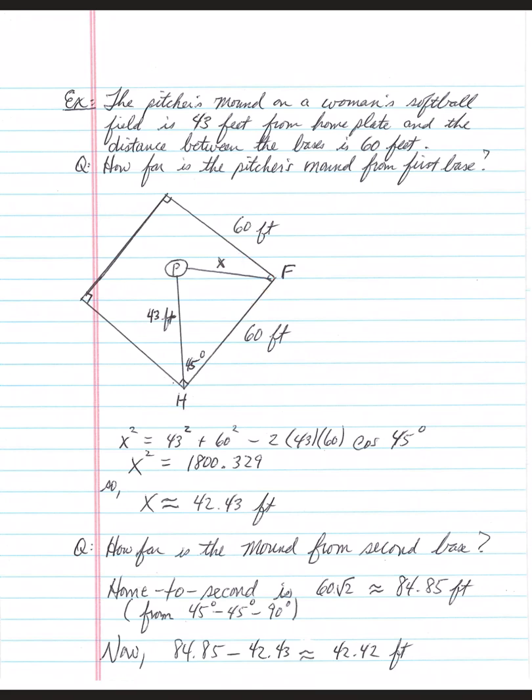It's going to be 60 times the square root of 2, which is 84.85 feet. Now that's home plate to second base.